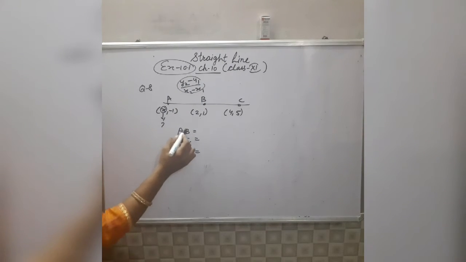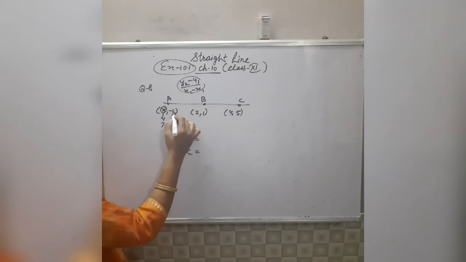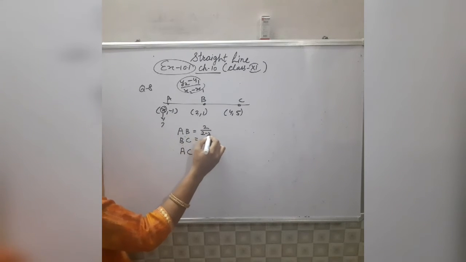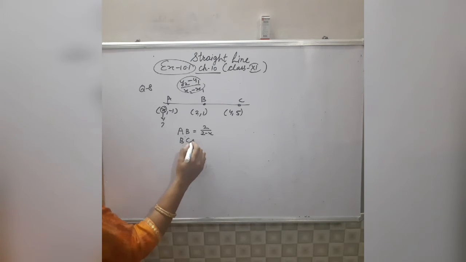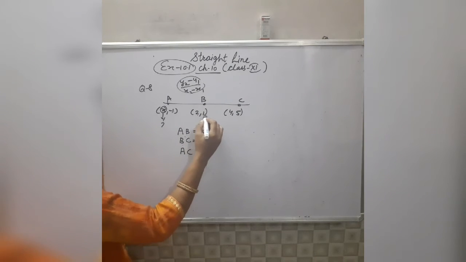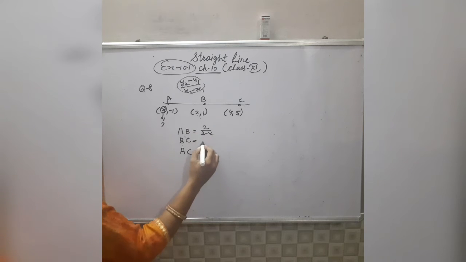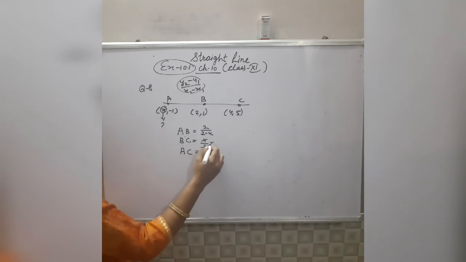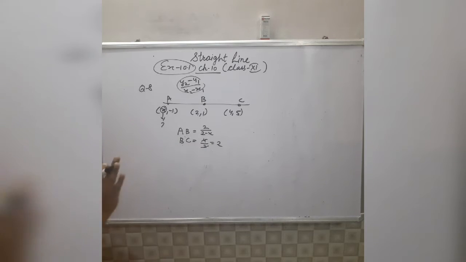Now slope of AB, y2 minus y1 means 1 minus minus 1, it becomes 2, divided by 2 minus x. Slope of line BC, this is y2 minus y1 means 5 minus 1, 4, divided by x2 minus x1, 4 minus 2, 2, it is equal to 2. Now no need to find the slope of the third line AC.